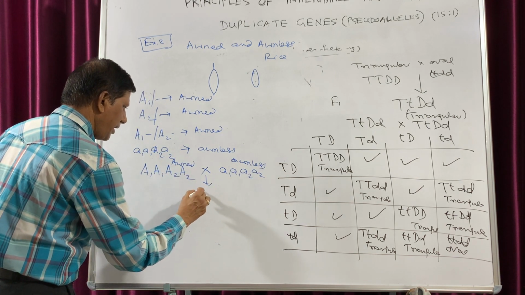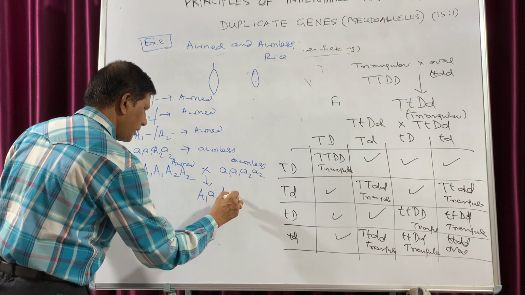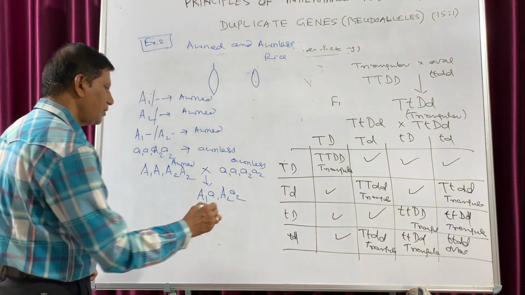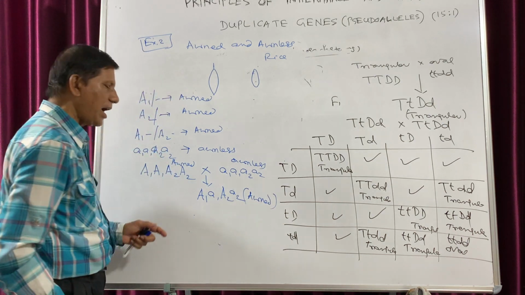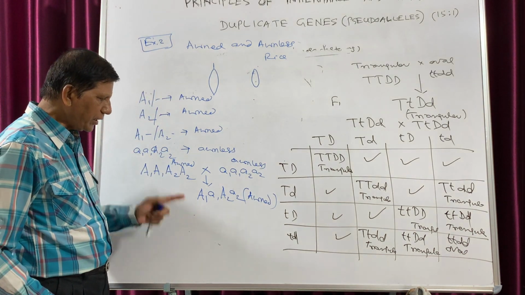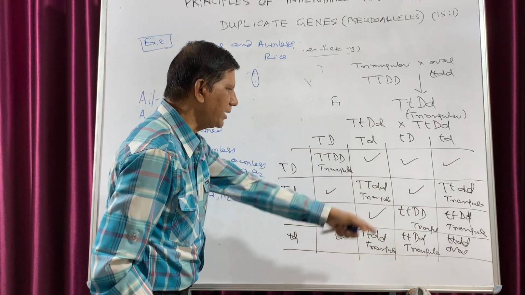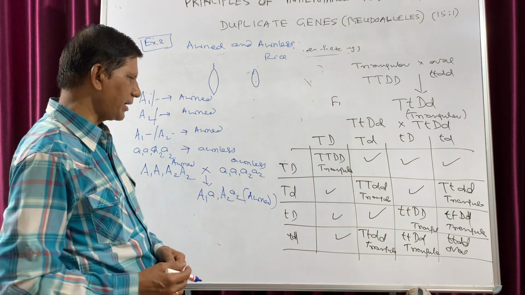So the F1 hybrid will be capital A1, small a1, capital A2 and small a2. So here both A1 and A2 are there, so this will also be awned. And when we make the Punnett square for the F2 generation, a similar type of ratio we will get. We will not draw all those things, as it will be unnecessary and take time.